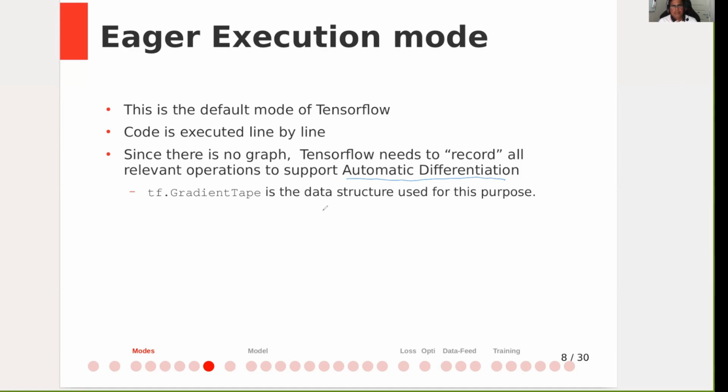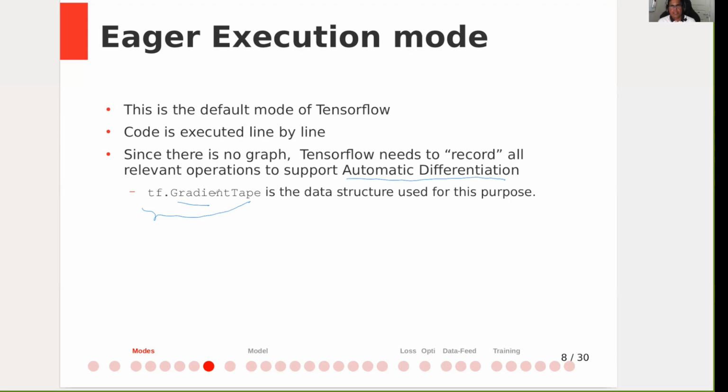So in default TensorFlow mode, a new concept is introduced, which is called the tf.GradientTape. The gradient tape is a tape which records what happens. Whenever you perform an operation using your code, the gradient tape records that operation.